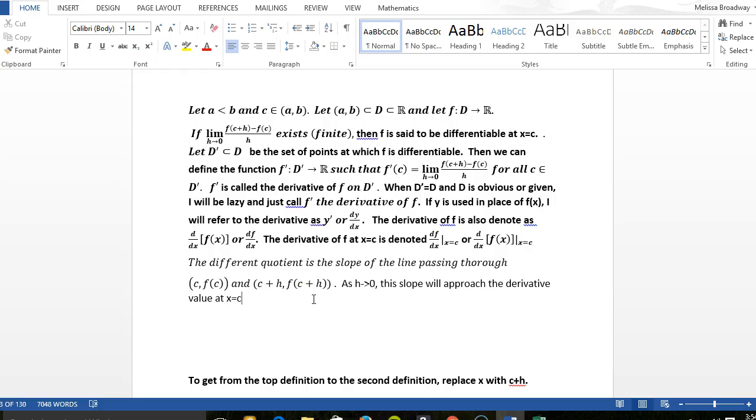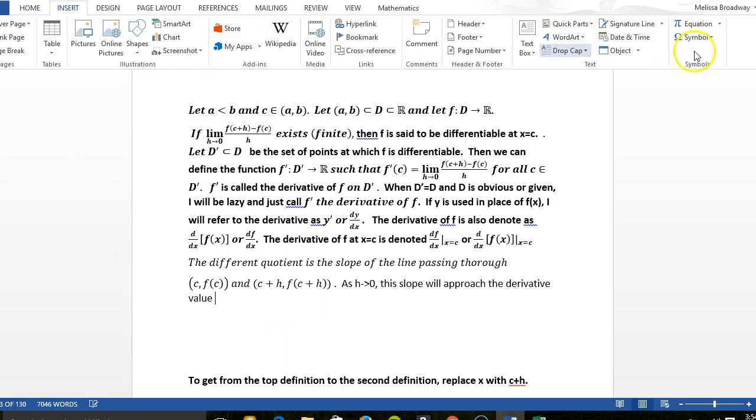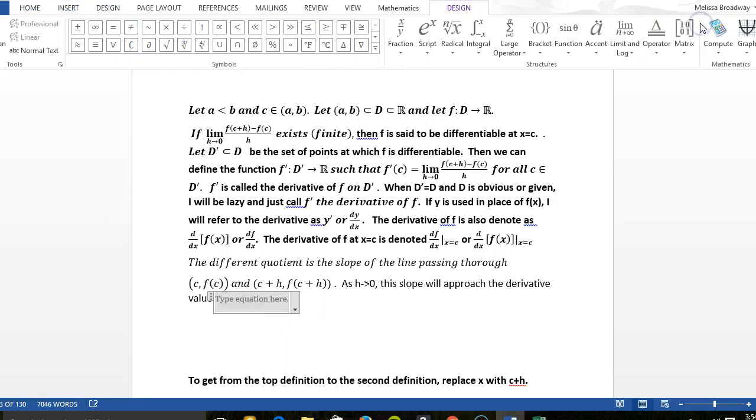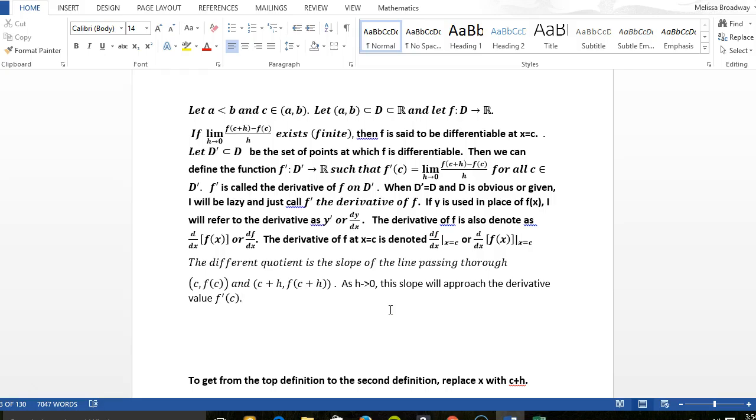So it's zoning in on our derivative value, f prime of c. It's approaching f prime of c.